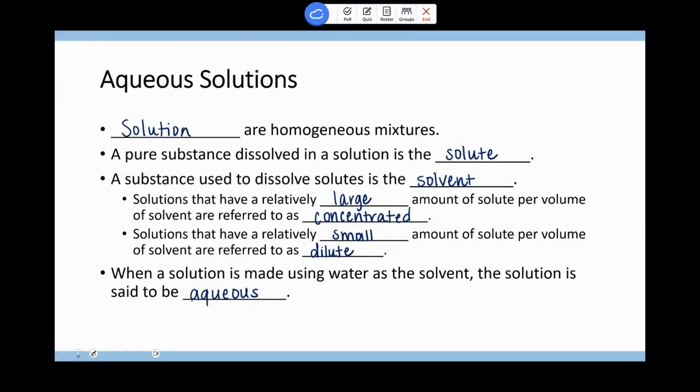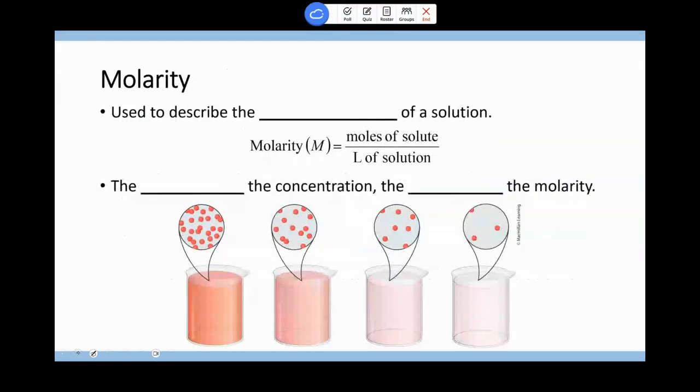So when we have a solution, it's useful to discuss its concentration. Molarity is the most common way that we discuss or measure concentration in a solution. So molarity is used to describe the concentration of a solution.